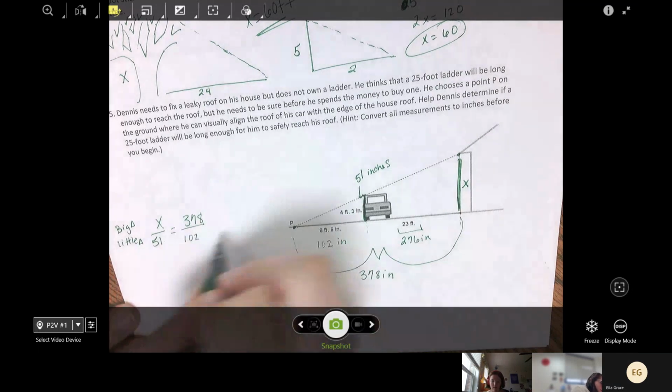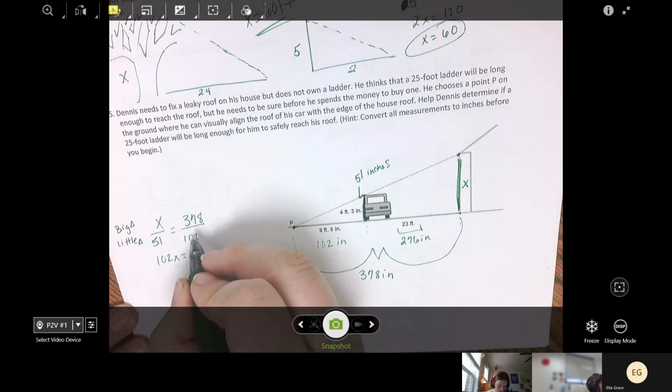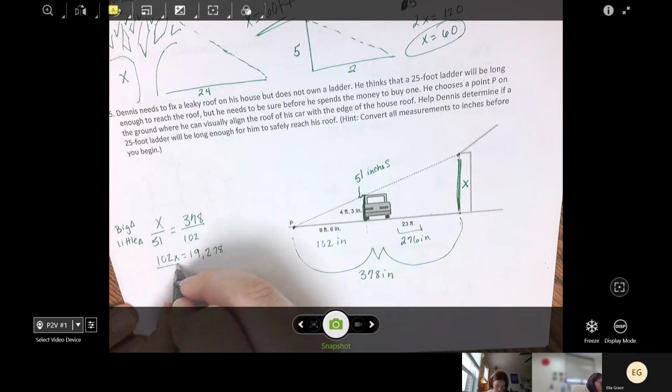You set it up, cross multiply, you're going to have 102x equals 51 times 378, 19,278. Divide by 102. You get x is 189 inches.